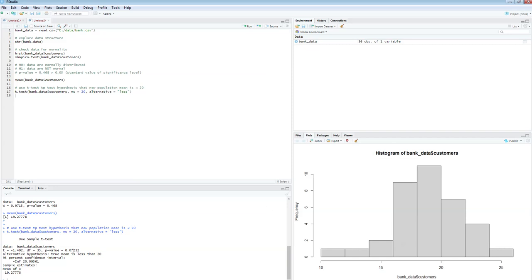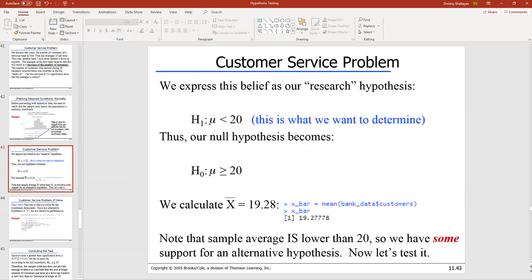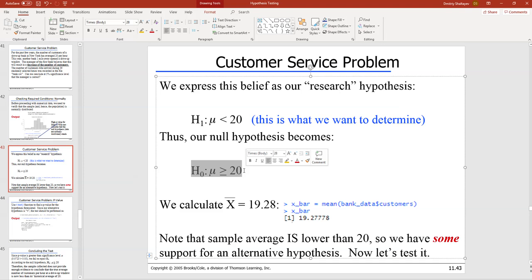So if I fail to reject the null hypothesis, then between the null and the alternative, I'm going to say there is not enough evidence to reject the null, so I'm going to still believe in the null. If you remember, we discussed that in the previous couple of lectures. Hypothesis testing always starts with the assumption that the null is true.